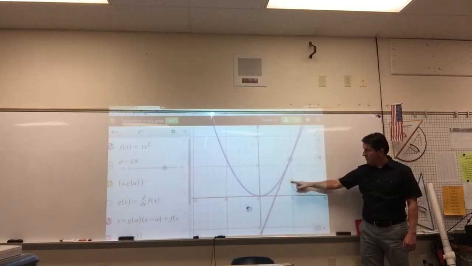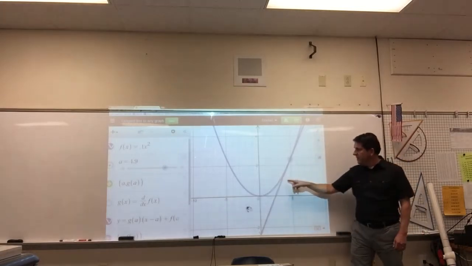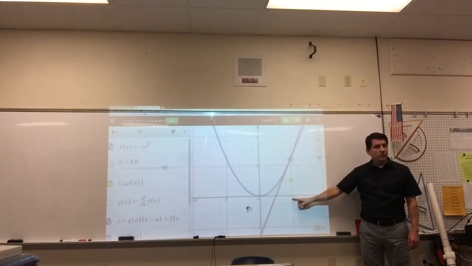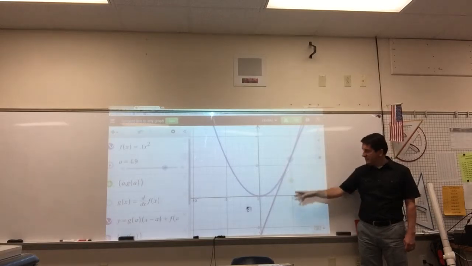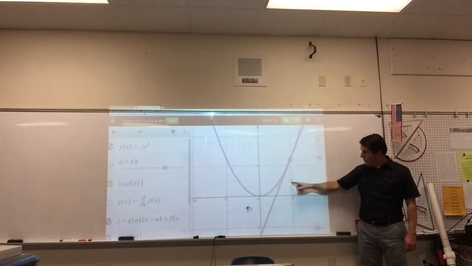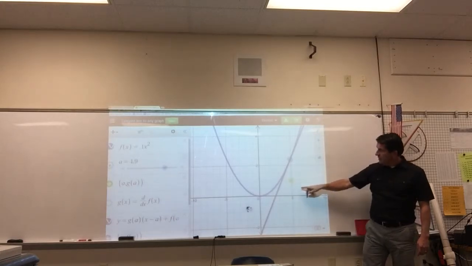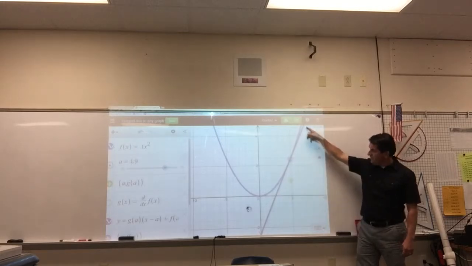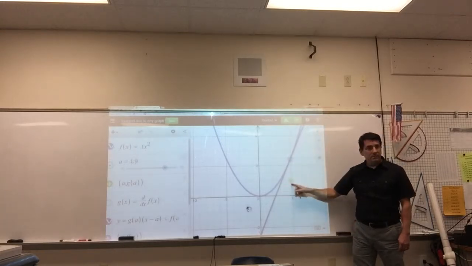This y-coordinate is the value of the derivative when x equals 5. Now look at my scale. My scale's from 5-2, so this may not look like 1. But when x is 5, the value of the function is up here. The slope is equal to 1.